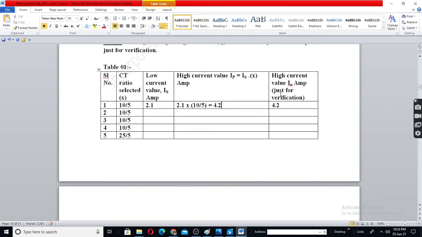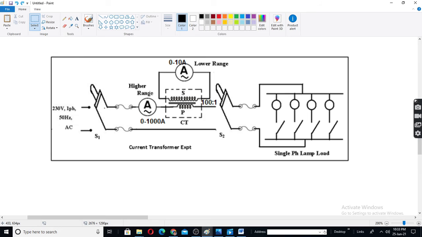Both this and this should tally. Actually, this high range ammeter is not necessary. We have kept it just for verification. Practically, this will not be available on site, because nobody will keep a 1000 amperes ammeter.